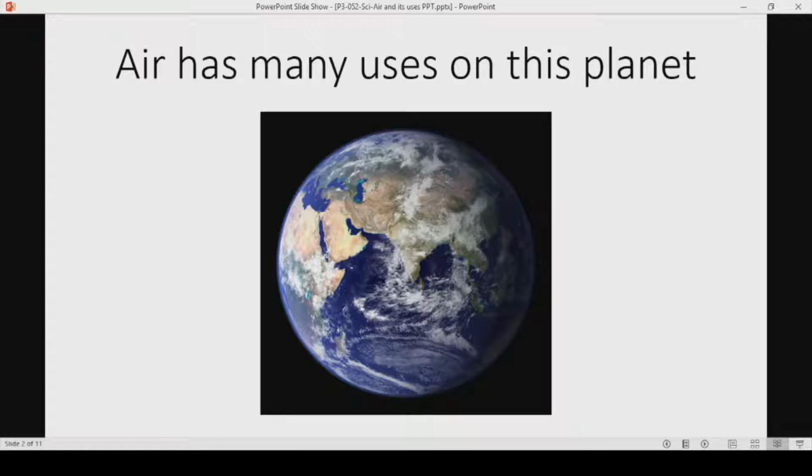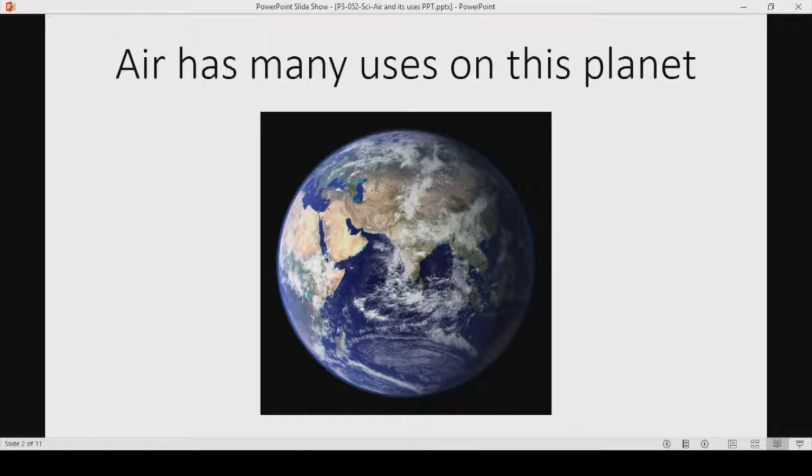Air has many uses on this planet. We've already spoken about some of them already. Breathing, eating, talking, playing, listening, swimming, sleeping, dancing, and drinking.